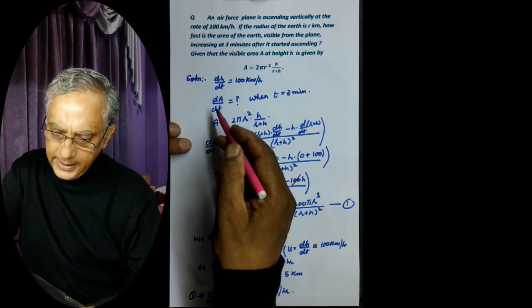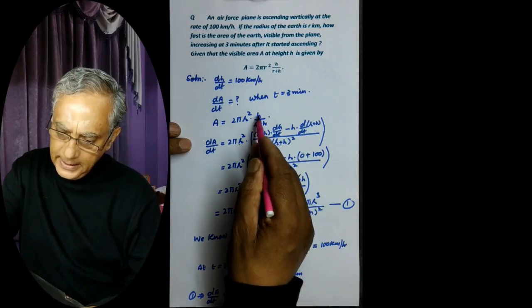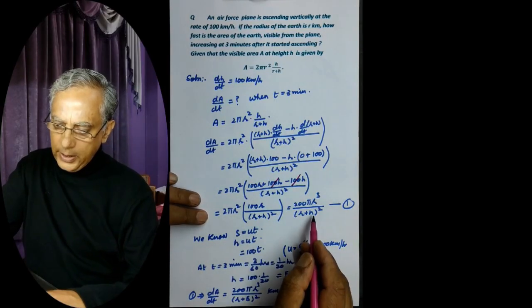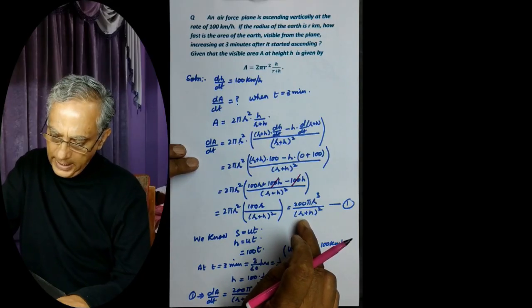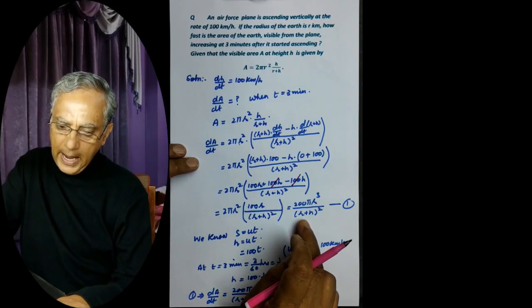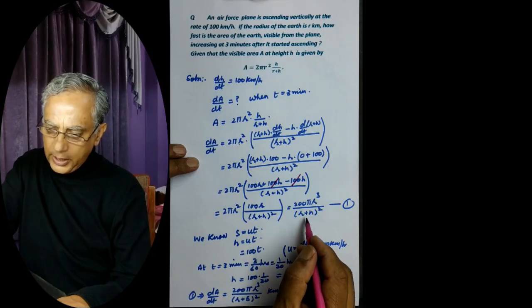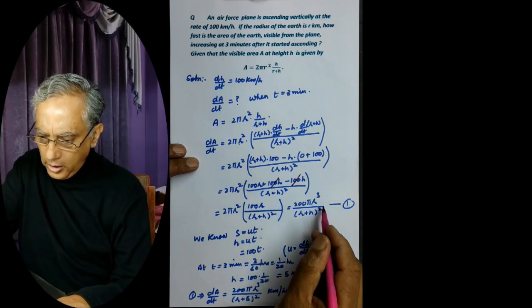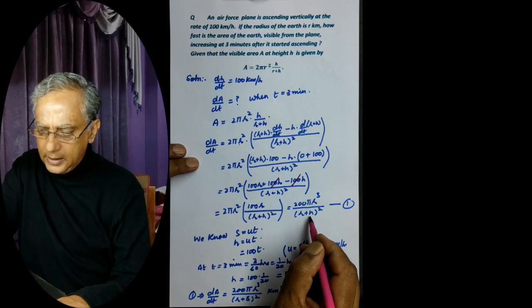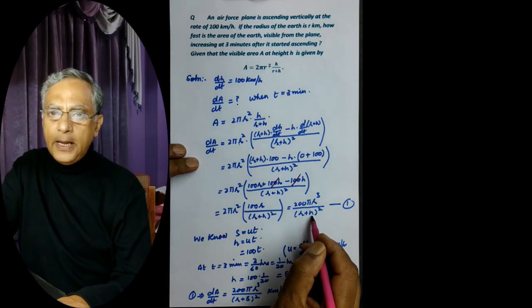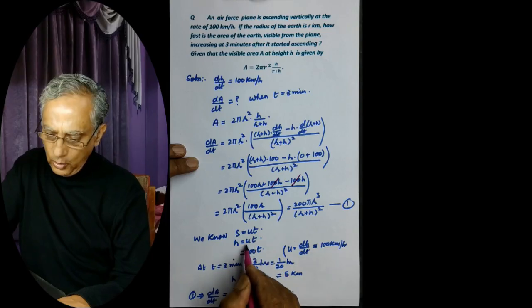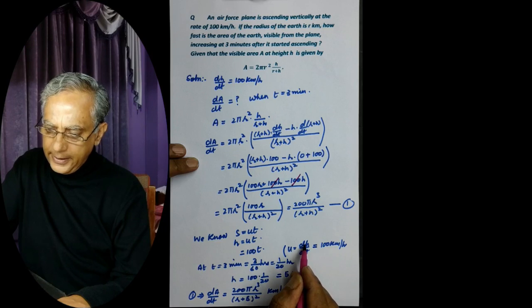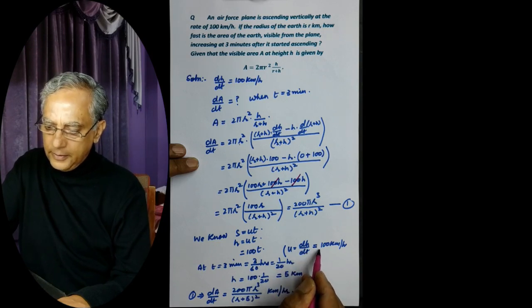Now we find dA by dt. So dA by dt is this much, differentiated, we arrive at this. But here we have to find dA by dt at t equal to 3 minutes, but t is not involved in this question. It is indirectly involved in terms of h. So we use s is equal to u t, and therefore h is u t, and u is dh by dt, the rate of change of h with respect to time.